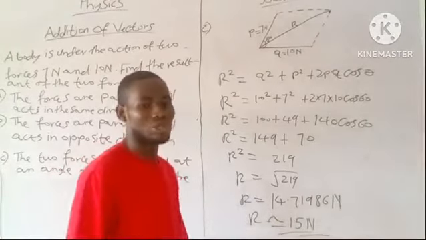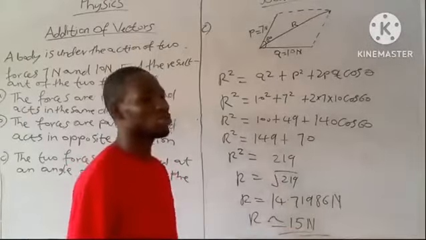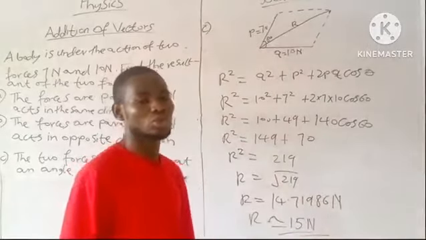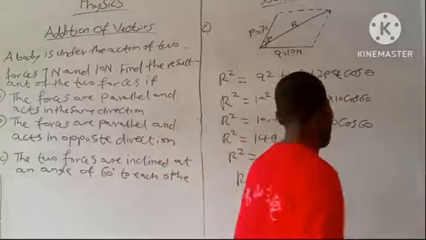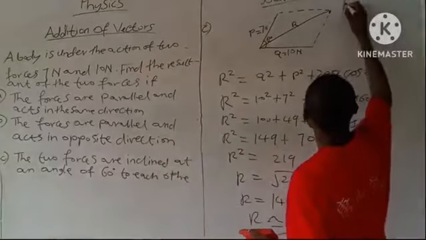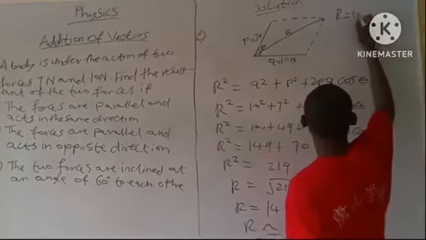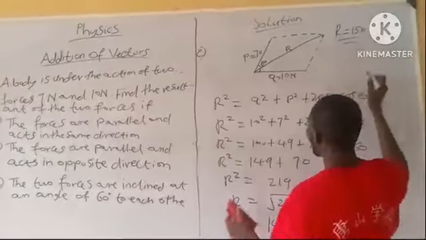How do we get the direction? I told us that you can use the sine rule to get the direction. Let's look for the direction. So our resultant R is equal to 15 Newton approximately.